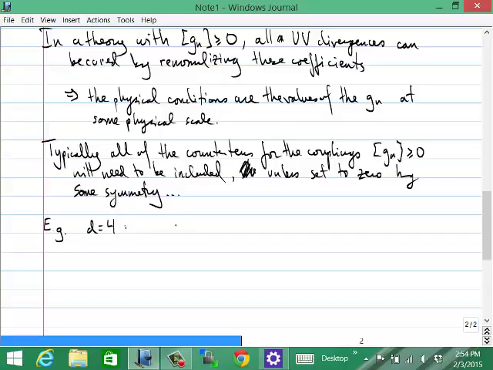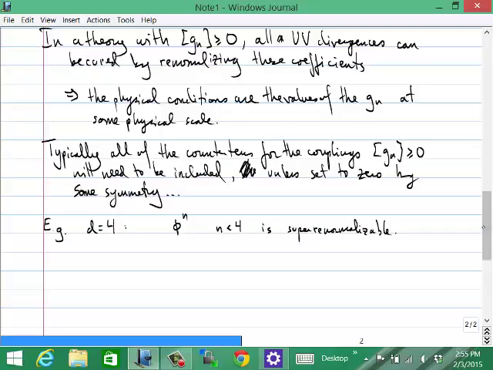So an interaction that goes like phi to the n with n less than 4 is going to be super renormalizable. So remember that an interaction is super renormalizable if not only are a finite number of amplitudes UV divergent, only a finite number of diagrams get UV divergences.